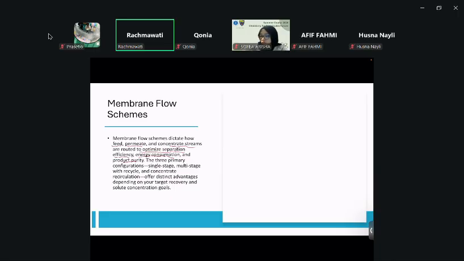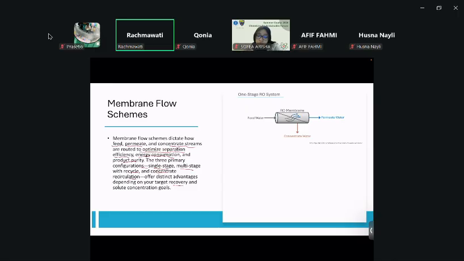The three primary configurations include single stage, multi-stage with recycle, and concentrate recirculation. They offer distinct advantages depending on your target recovery and solute concentration goals.